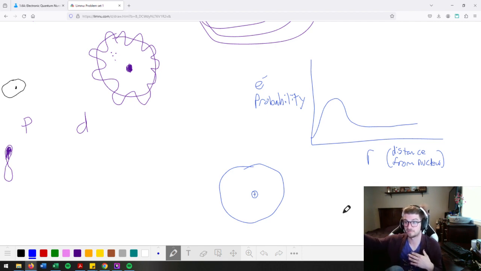So the direction and the velocity of the particle, and the other way around as well. The more precisely you know the momentum of a particle, the more uncertain its position becomes. So basically, if you were to measure with infinite precision the momentum of a particle, let's just say I've got an electron here in my fingers, and I know exactly what direction it's going and exactly the speed of it, so I know its momentum perfectly.